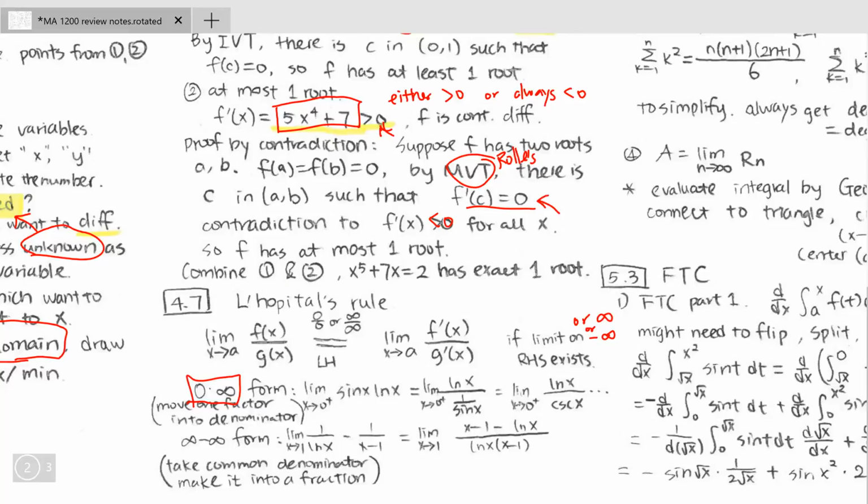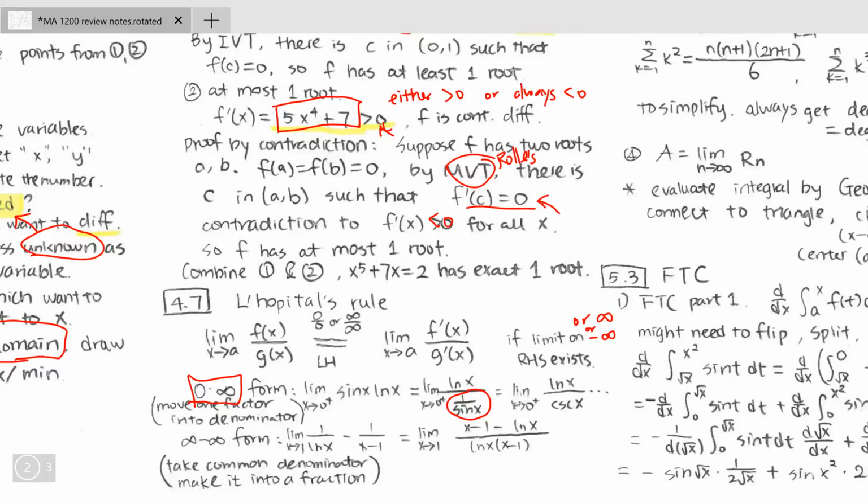For 0 times infinity, you just move one factor into the denominator, but don't forget to flip it. You cannot just move the sine x there. You have to flip it so it becomes 1 over sine x. Usually when you see a trig function and a natural log, you move the trig function. When you see a power function and a natural log, you move the power function. So you don't usually move the natural log.